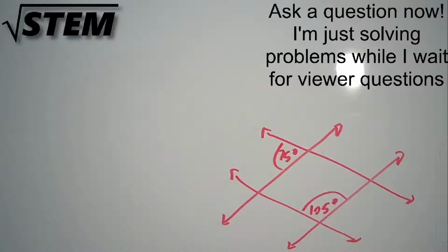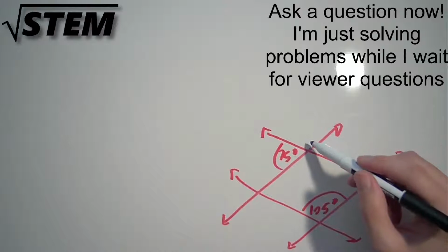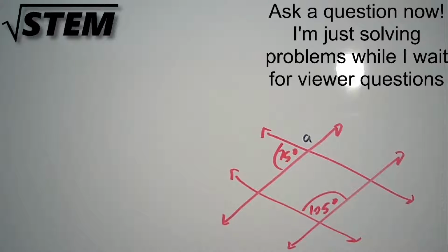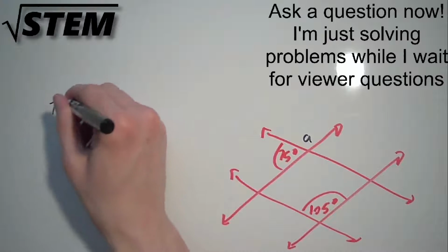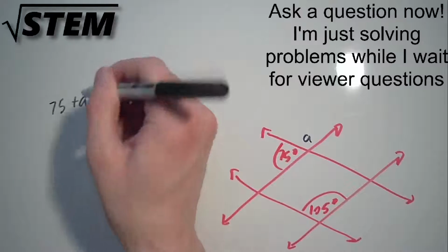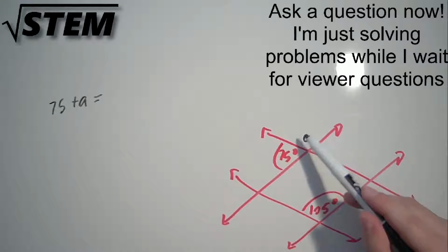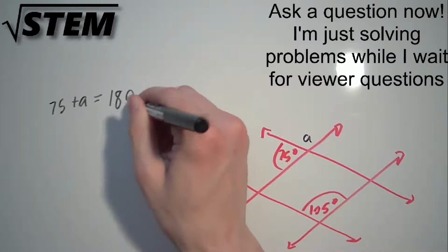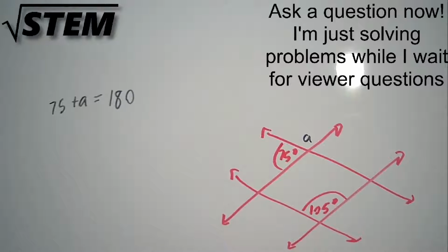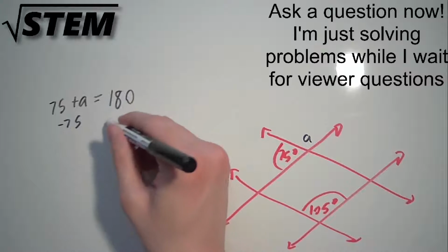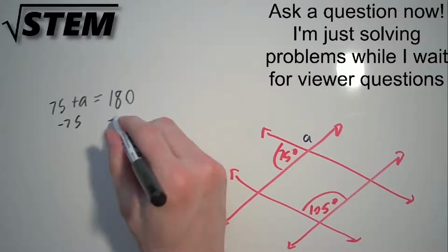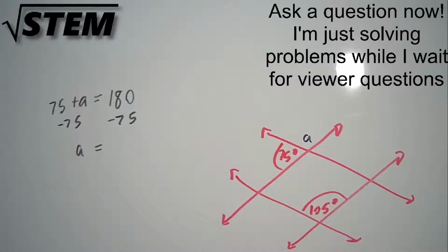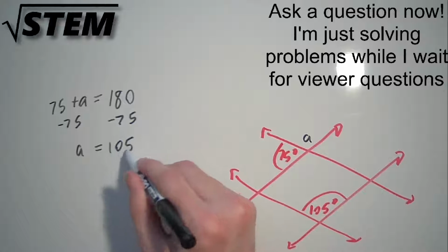So let's start with this one. If we say this is some angle A, then 75 plus A has to equal, well, if we're going across a straight line, that has to be 180 degrees. So we can subtract 75 from both sides. Not 5, 75. And say that A is equal to 105 degrees.